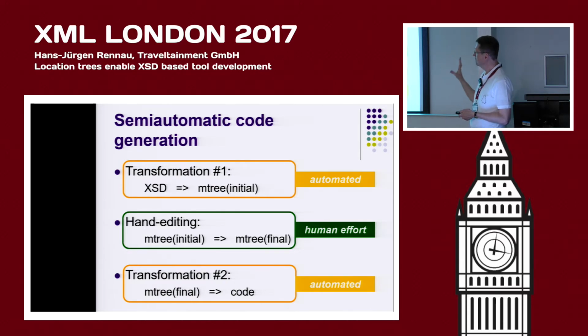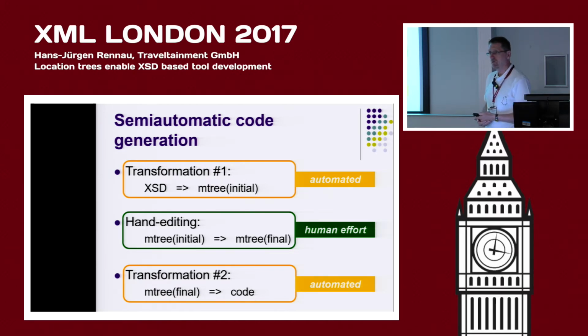So if you want to implement the transformation, you just perform these steps, and all you have to do as a human is edit the metadata tree. And this has been used for the implementation of various web services, and the results have been really very satisfying.